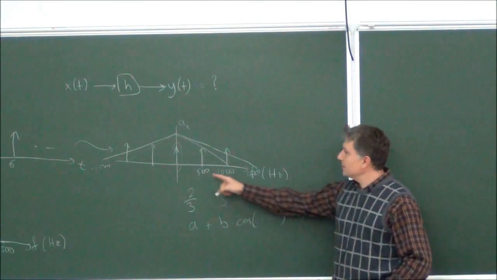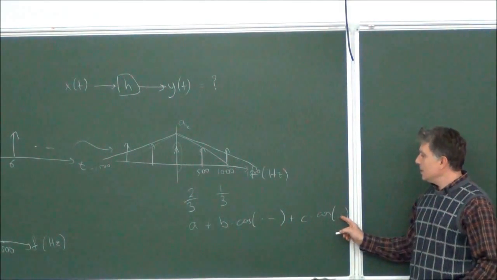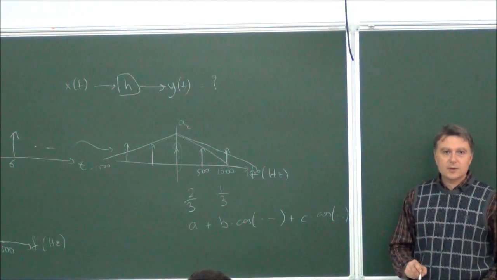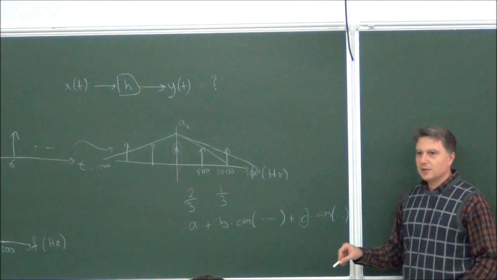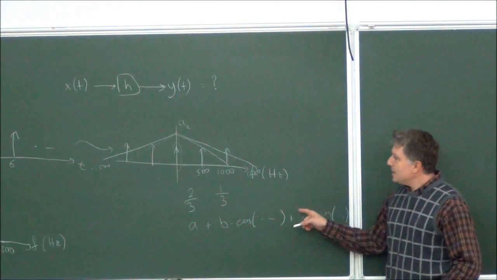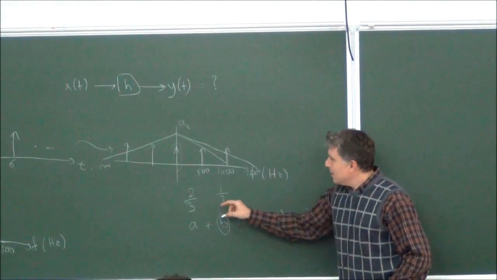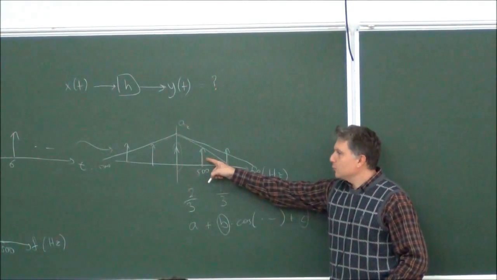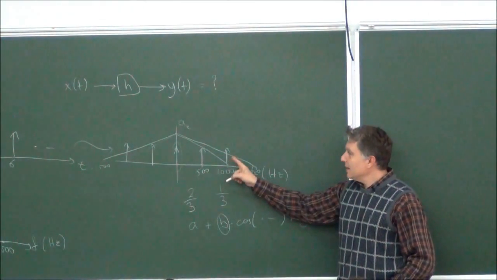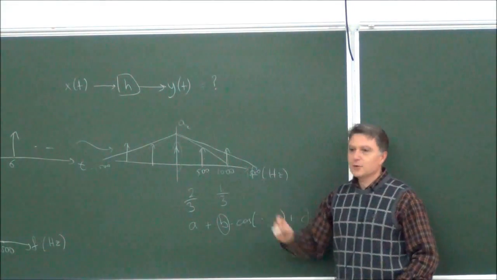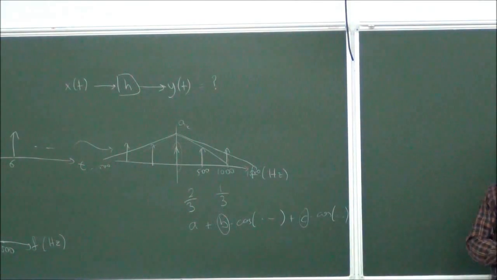This something is at 500 hertz, this something is at 1 kilohertz. In fact, the value C is half of B, because this one is scaled by 2 over 3, this one is scaled by 1 over 3. So this is half the magnitude of this cosine.